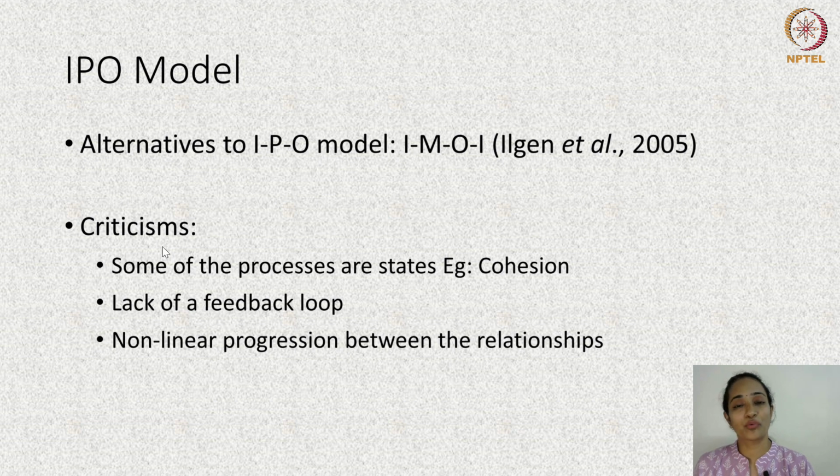Secondly, another problem which the IPO model has is the lack of a feedback loop. For example, it is very well known that cohesion can lead to performance. But also, teams which perform very well become more attached to their task and like working with the team members more, and therefore the cohesion improves. Therefore, this becomes cyclical.